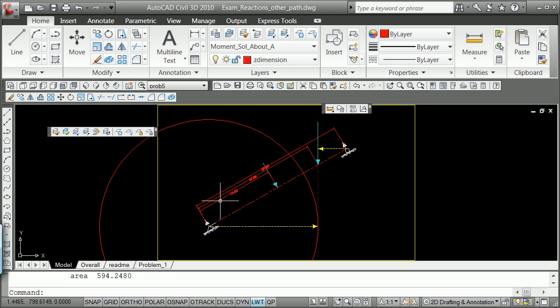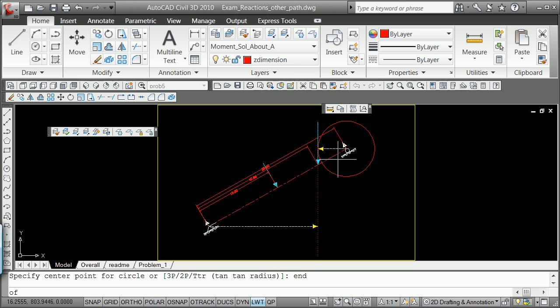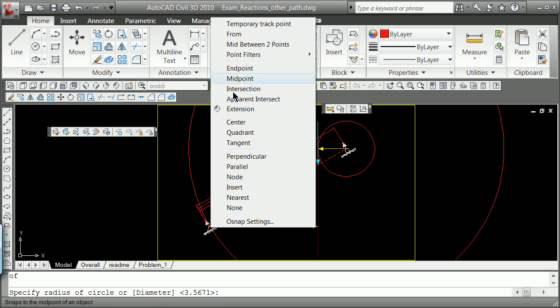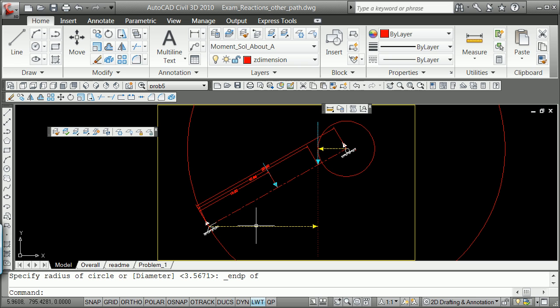If I do it the other way for the other force, circle from the end point there, tangent to the line of force, compared to circle from the end point there. Got to be careful with all these endpoints. To the end point there, we have our ratio of circles. And you realize that this, of course, is a lot less. It's farther away.